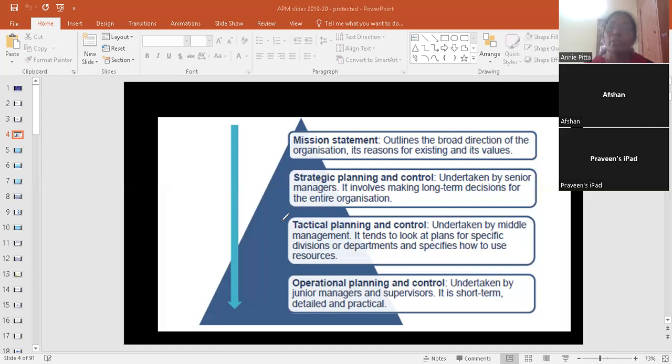Middle level: we have many terms used for this level. Middle level, tactical level, management level, functional level. These are all the terms which are used. You are aware of all these things. The middle level management is also involved in planning, which is done intricately about what is the role of each department and division.